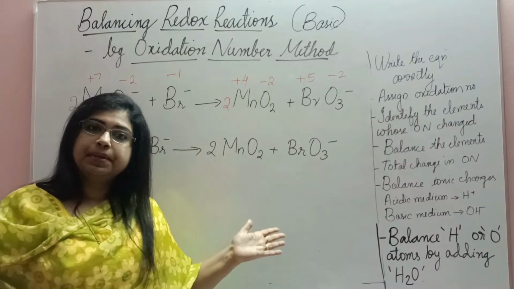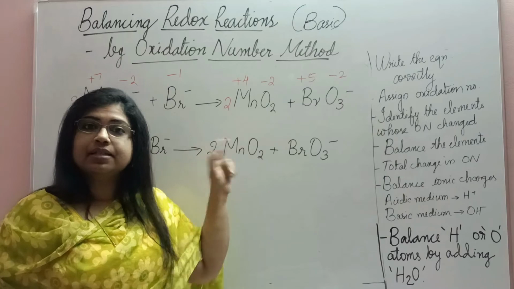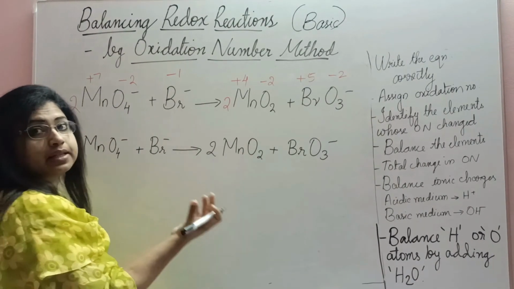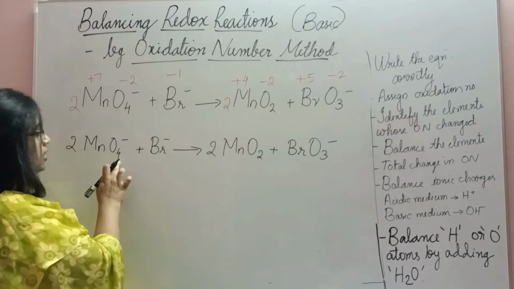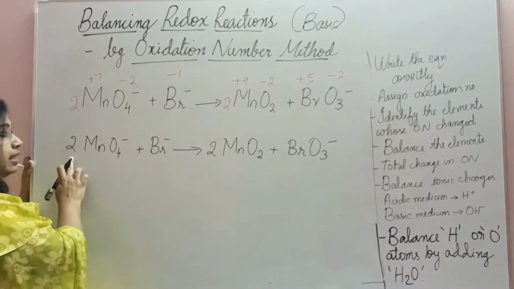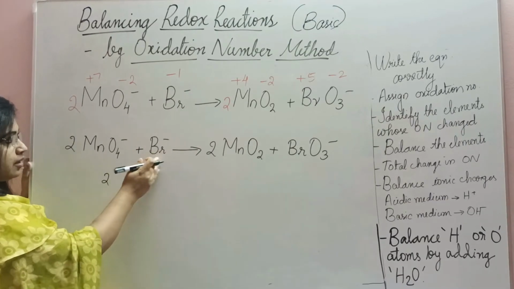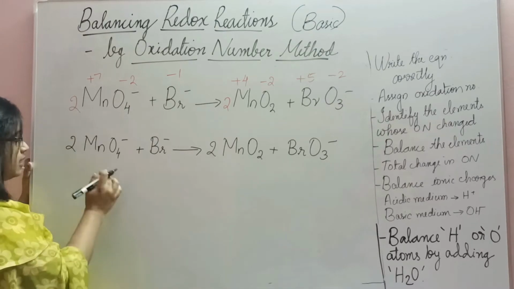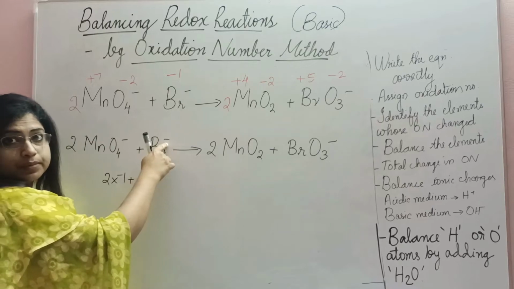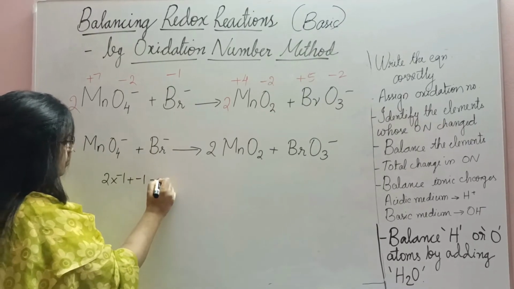Our next step is to balance ionic charges on the reactant as well as on the product side. So how will you calculate the ionic charges? Here for permanganate ion the charge is -1, but there are 2 permanganate ions. So the charge on the reactant side will be equal to 2 into -1, plus for bromide it is -1 charge, equal to -3.